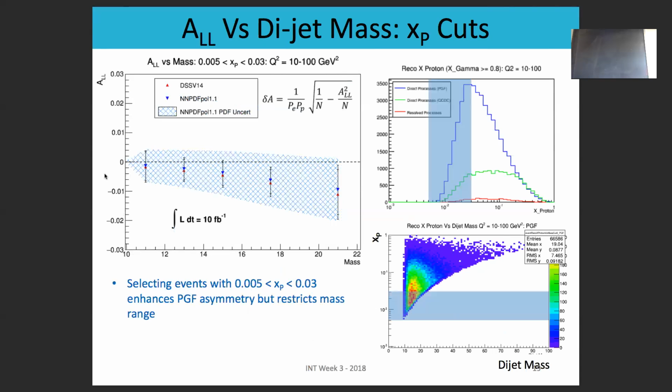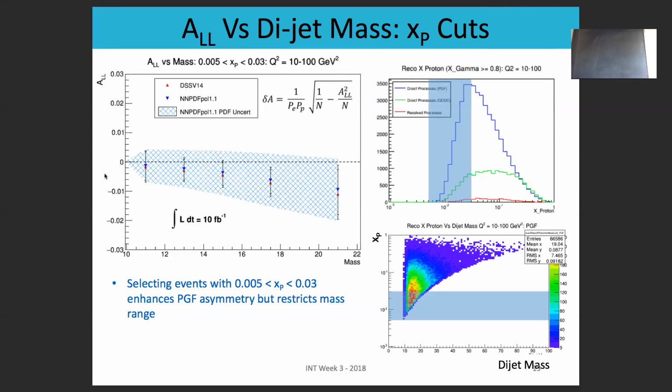What I plot here as well, again, the DSSV14 and NNPDF curves are pretty much on top of each other. I also show the current uncertainty from the NNPDF group, represented by this blue band. This is just the uncertainty from the PDF. And I've scaled my error bars here.